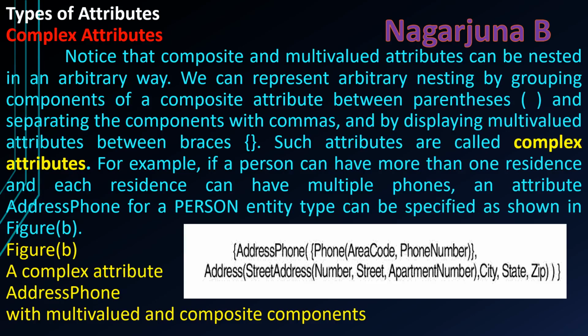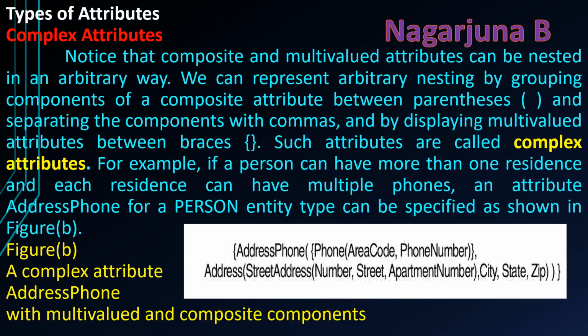Each of the multivalued attributes is represented between the curly brackets, and composite attributes are represented within the small brackets. Here the composite attribute is Address. In that Address we can have Street_address, City, State, Zip, and in that Street_address again it is a composition of Number, Street, Apartment_number.